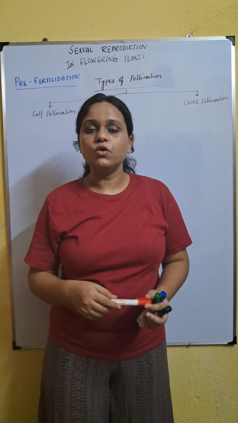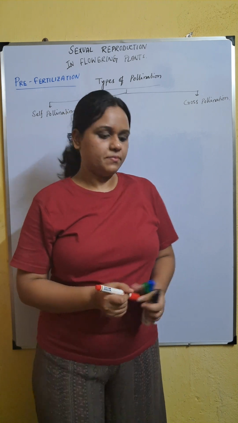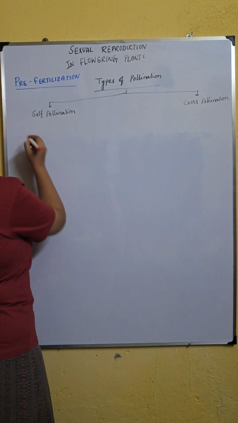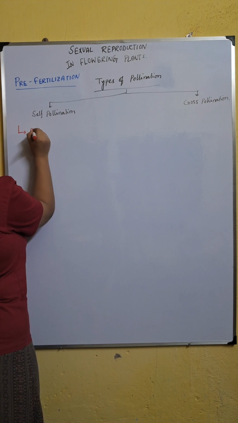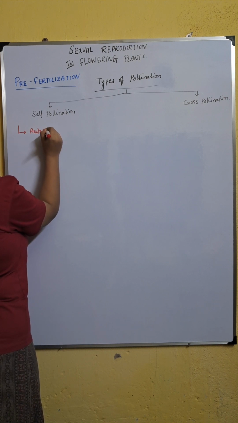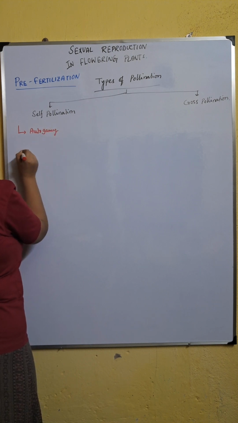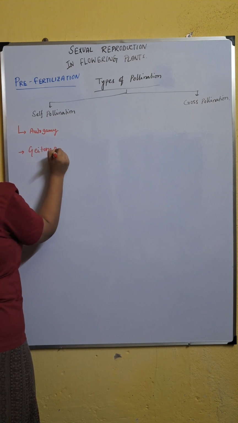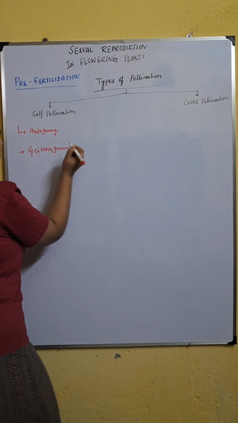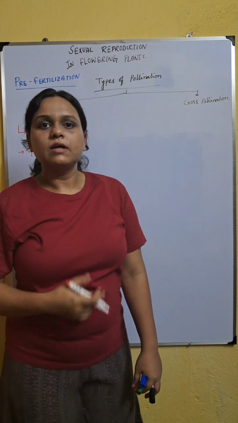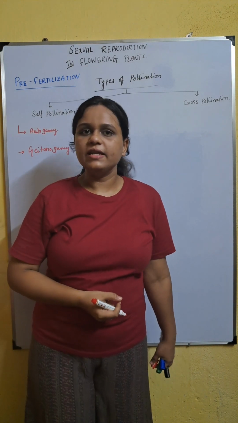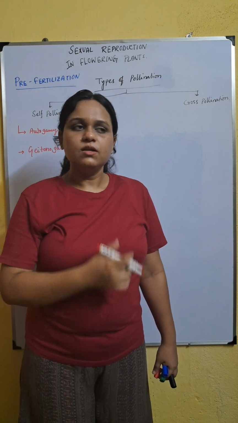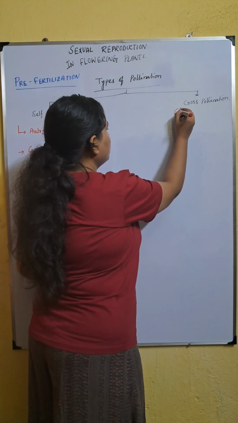These are autogamy and geitonogamy. The cross-pollination doesn't have any differentiation, so it is also called xenogamy.